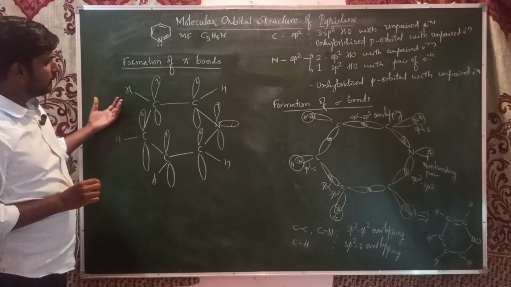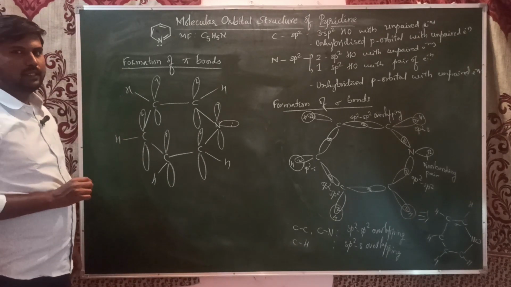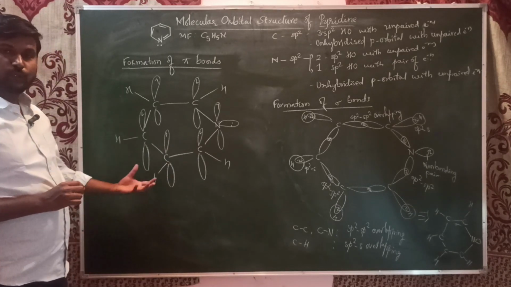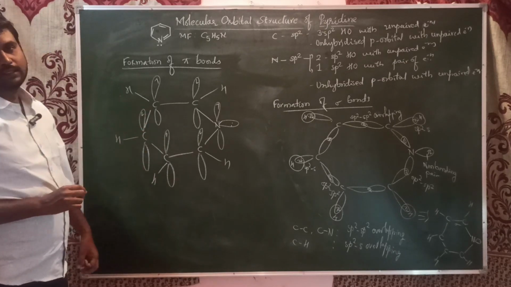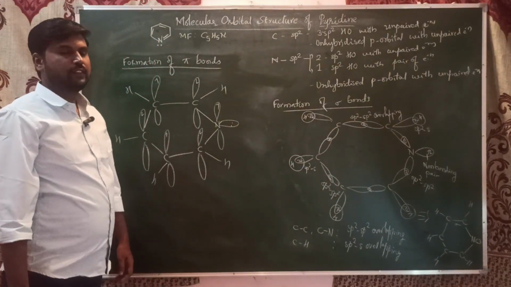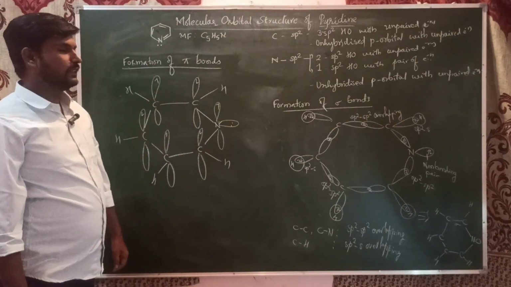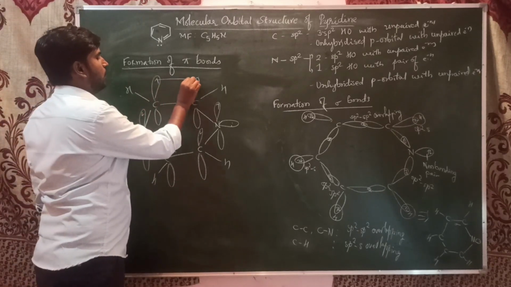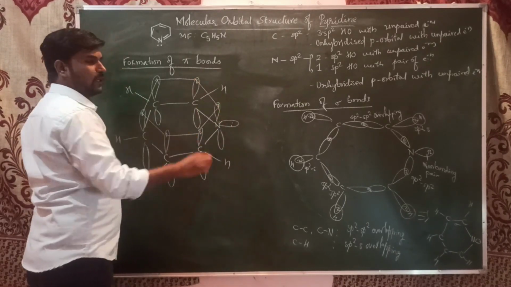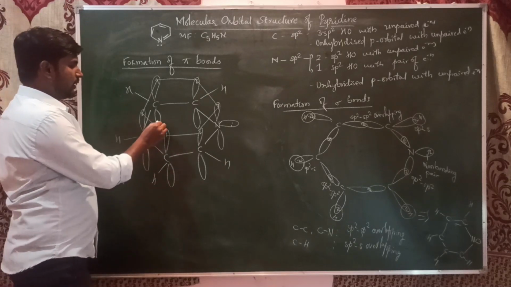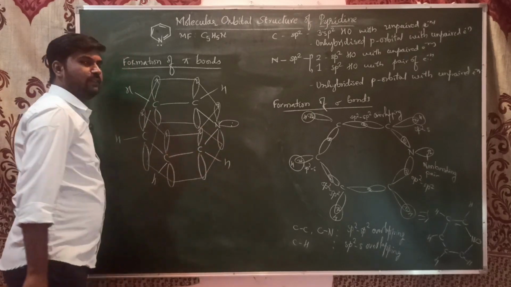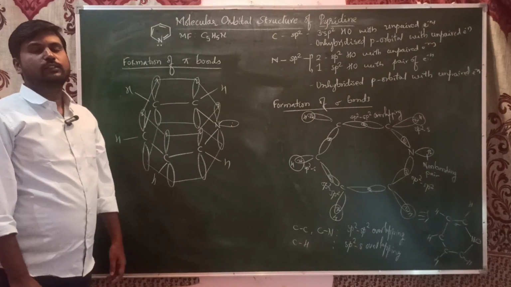So all these unhybridized p orbitals with unpaired electrons will show sideways or lateral overlapping, which is going to form the pi cloud or pi bonds in pyridine. Always remember, head-to-head or axial overlapping forms sigma bonds, and here the overlapping is sideways or lateral. The upper lobe forms a pi cloud over the sigma bond. In the same way, the lower lobe will show sideways or lateral overlapping, forming a pi cloud.